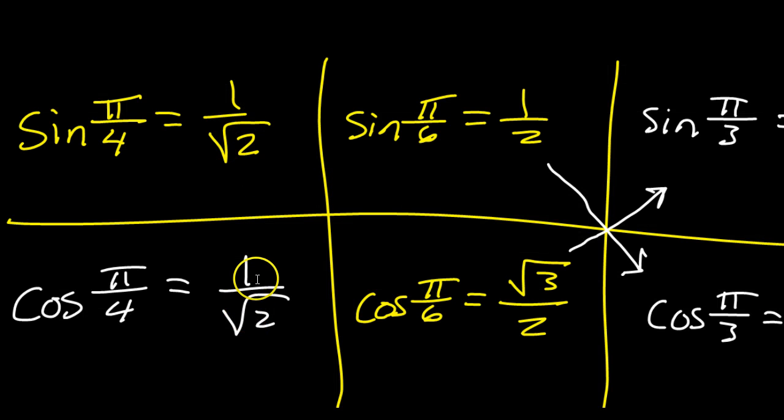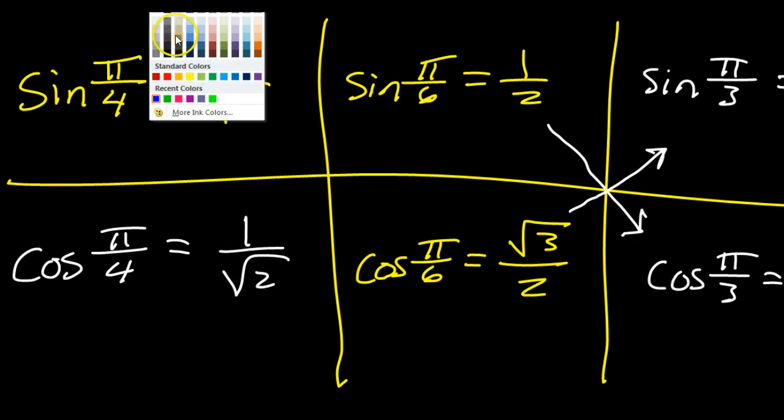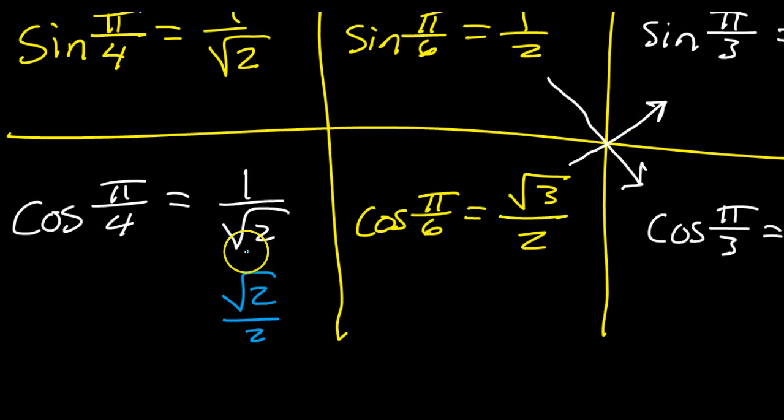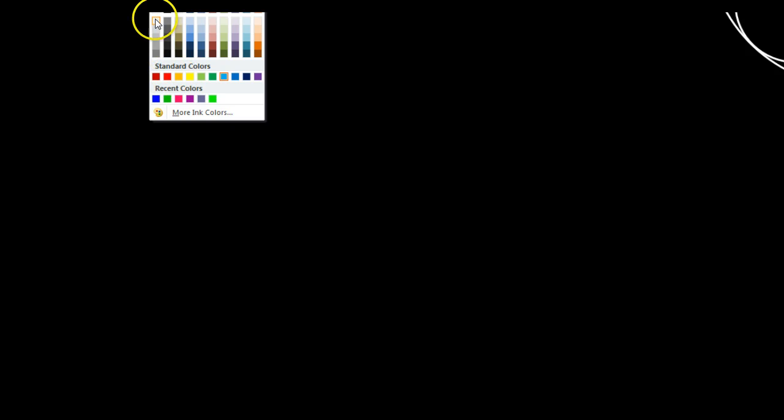Well, maybe I should mention that 1 over radical 2 is the same thing as radical 2 over 2. It's just that the denominator has been rationalized. Look, if I have 1 over radical 2, sometimes we want to rationalize the denominator, which means we don't want a radical in the denominator.